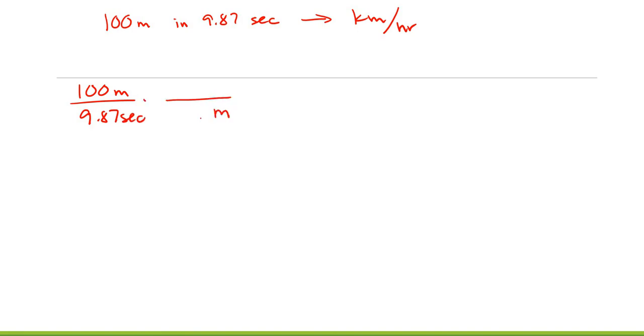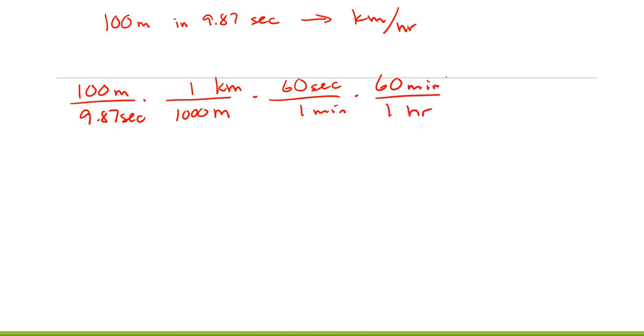If I want to cancel meters with kilometers, I know that there's 1 kilometer for every 1,000 meters. Seconds. I know that there are 60 seconds in 1 minute, and I know that there are 60 minutes in 1 hour. So look at the units. Seconds cancels with seconds, minutes with minutes, meters with meters, and I'm left with kilometers per hour.